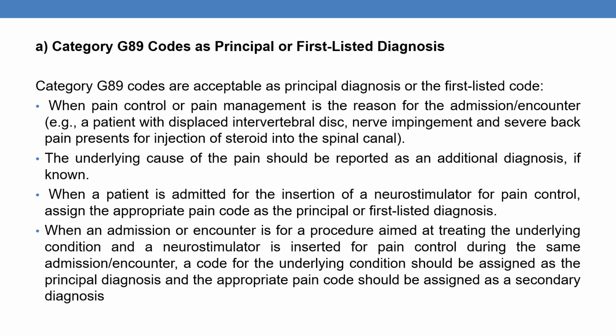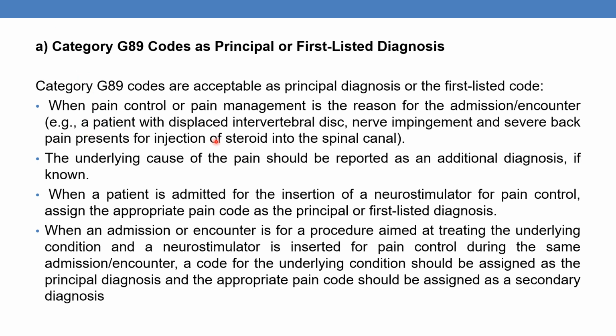Now coming to guidelines where G89 codes are used as principal or first listed diagnosis. The category G89 codes are accepted as first listed diagnosis when pain control or pain management is the reason for admission or encounter.